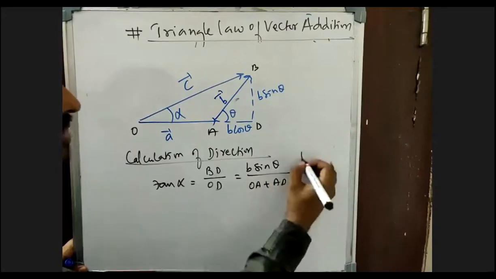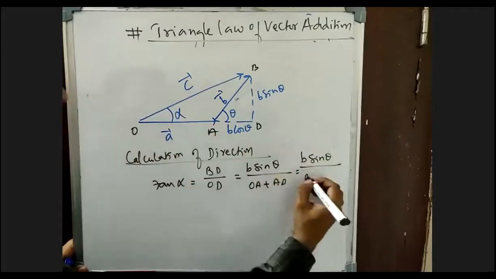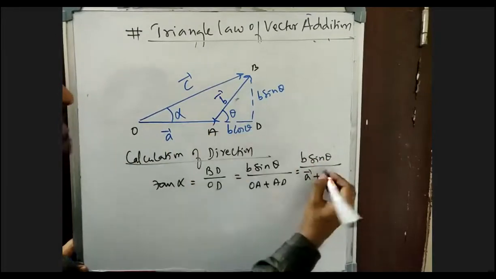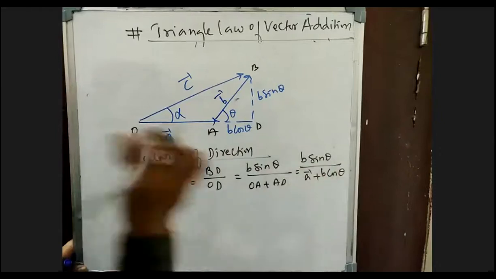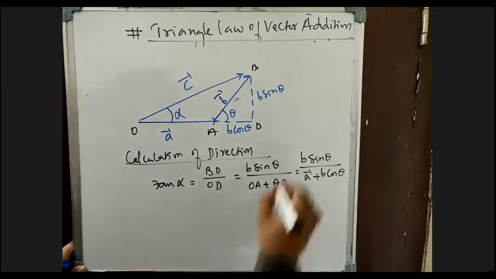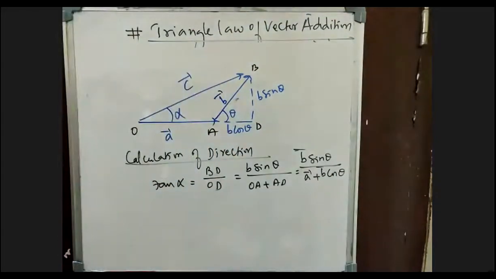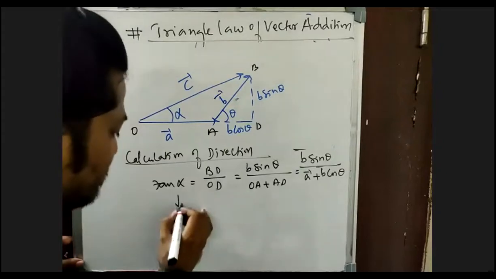OA is A bar, plus AD is B into cos theta. So tan alpha is equal to B sin theta by A plus B cos theta. This is a vector, but I keep forgetting every time, you just assume that it is a vector quantity. This will give me the direction of the resultant vector.